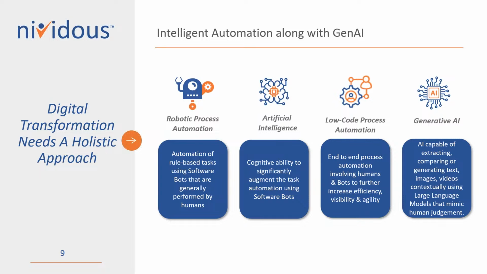Lastly, we have here a slide that's just talking about the importance of approaching this more holistically. So each of these things on their own can do a lot. So if you look at these components we have listed: robotic process automation, artificial intelligence, low-code process automation, generative AI, these are all parts of the Nividus platform.